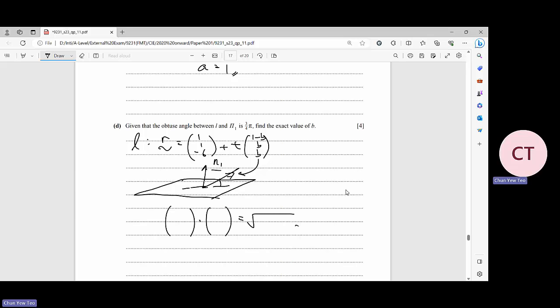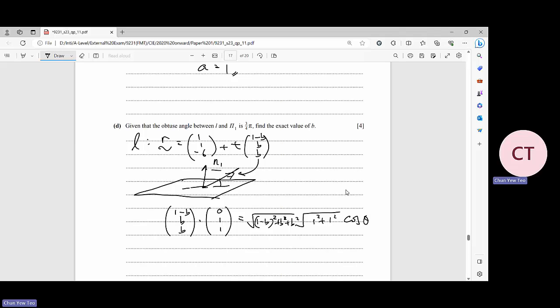I will be using this formula. The directional vector for the line, the magnitude is the square root of 1 minus b squared plus b squared plus b squared. Then this one is 1 minus b, and then b. The normal vector for pi 1 is 0, 1, 1. So this one is 1 plus 1.